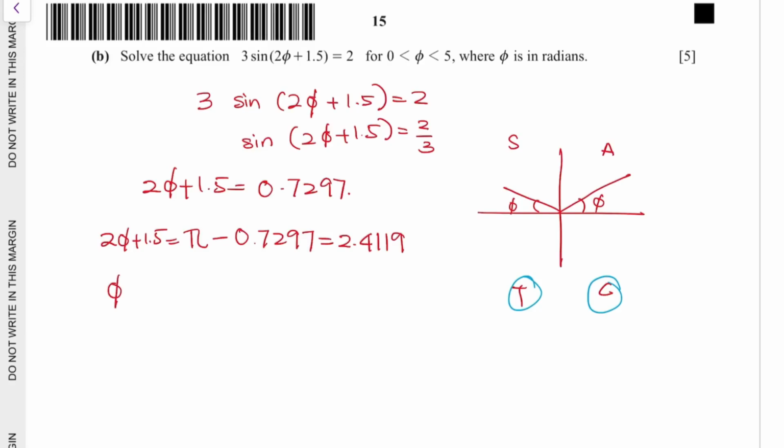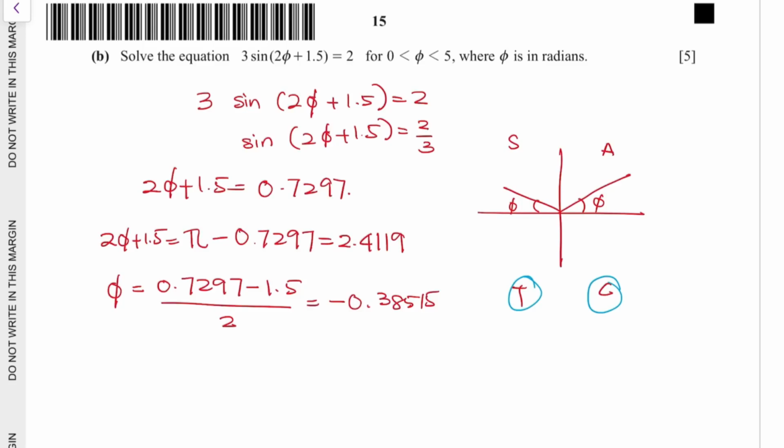Hence, your first phi would be 0.7297 minus 1.5 divided by 2, which you will be getting negative 0.38515. Okay, I'll check on the region afterwards.